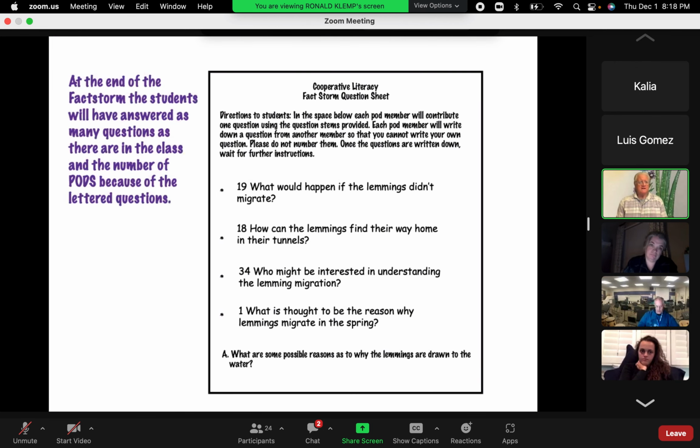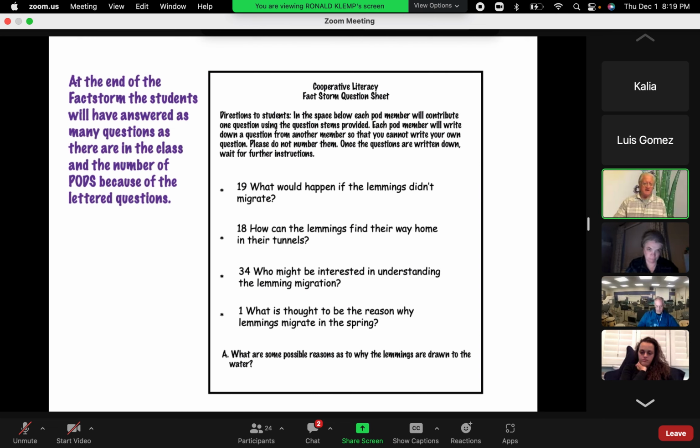So this is what the FACSTROM sheet might look like. Okay, we've got questions here. The numbers represent the grid or the square that the question was taken from. Now you kind of have to visualize this part of it for it to make sense.